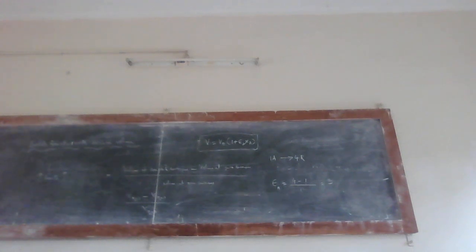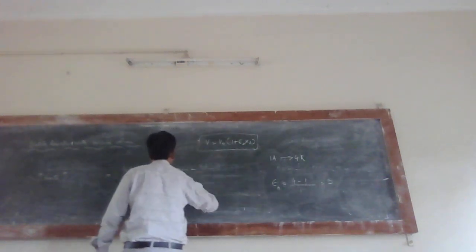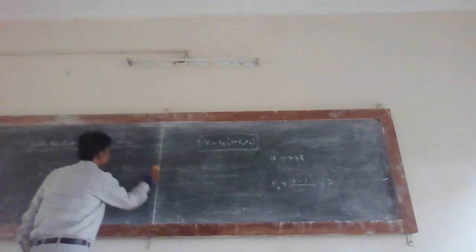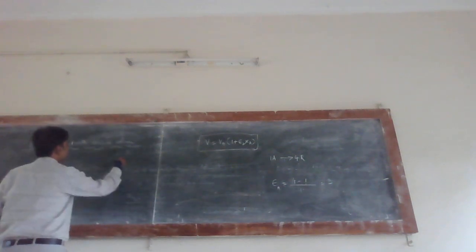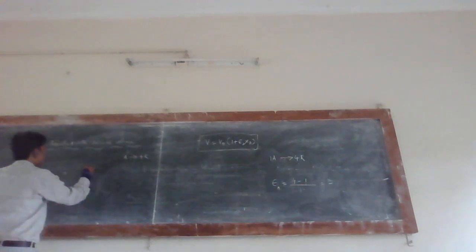Take the case of A gives 4R. Let us take the same case, and in the problem it is given 50% only A and the remaining 50% inerts.